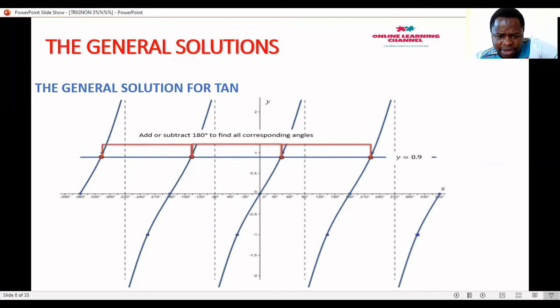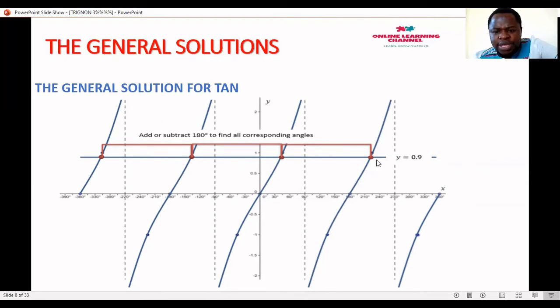If you look here from 90 degrees up to 270 degrees, this is your graph. If you say 270 degrees minus 90 degrees, that gives you 180. So now the period of the graph is 180 degrees.